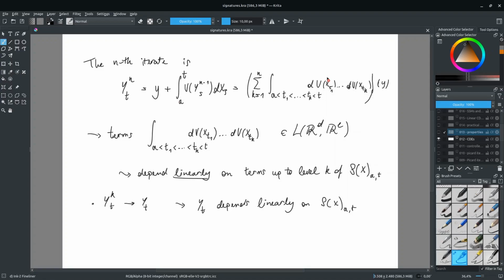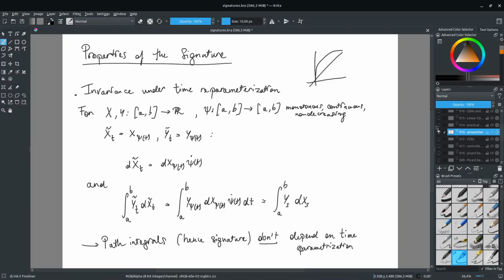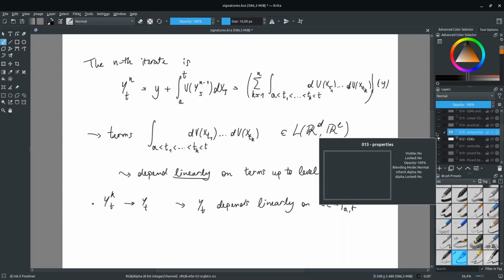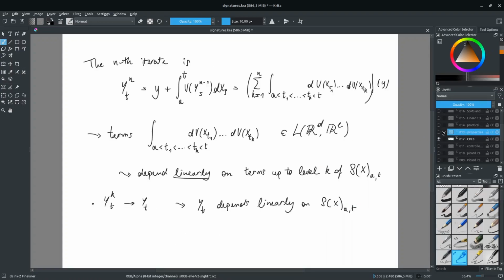So it doesn't even matter that it's not really a time reparameterization, because it doesn't need to be to satisfy these conditions here. So I don't think it's the same sort of class of transforms.